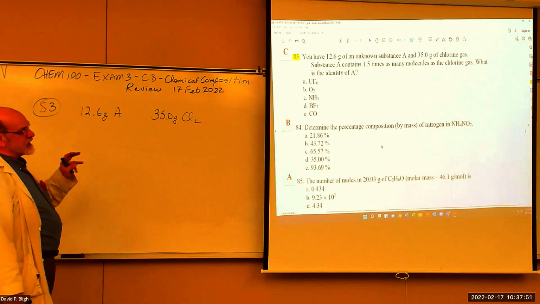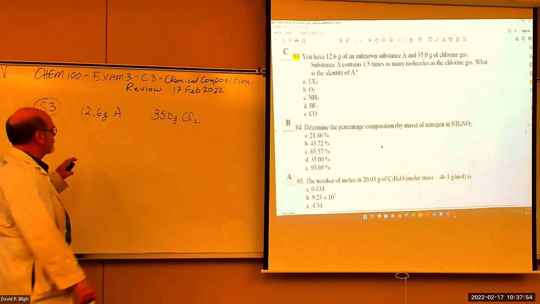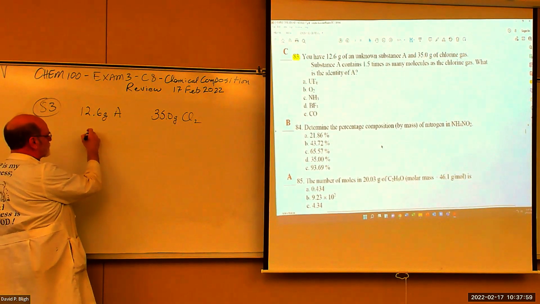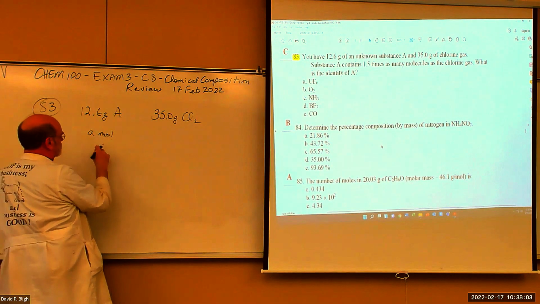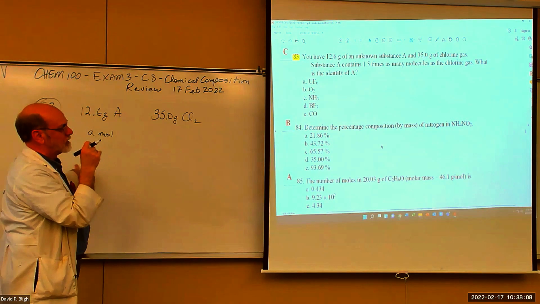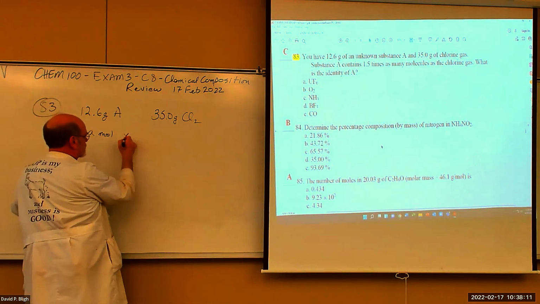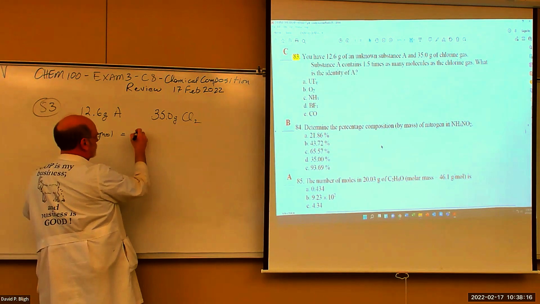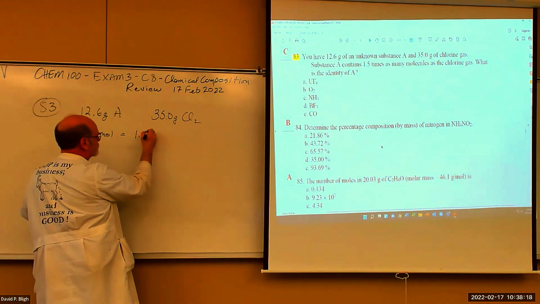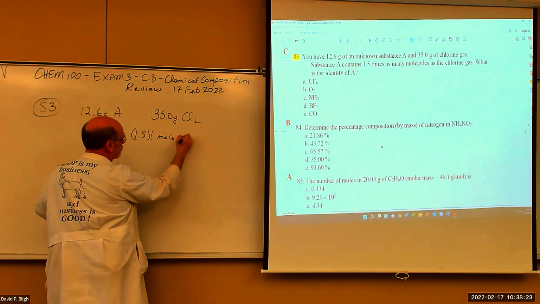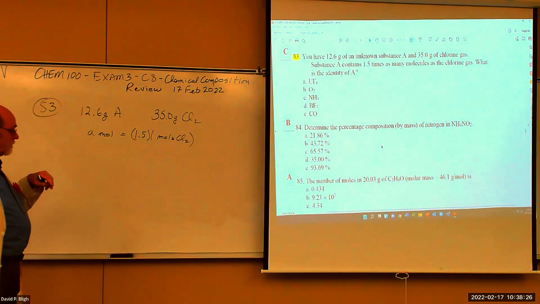So when we say 1.5 times the molecules, if we have A moles of this one, then it's equal to 1.5 times the moles of chlorine gas. Okay.